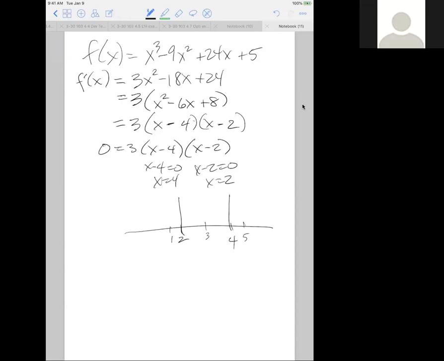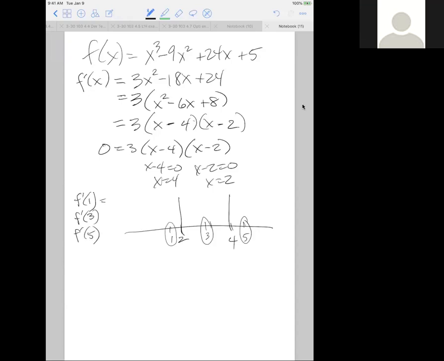We could have also picked 0 to the left of 2. We're trying to see what the slope is like in each region, and the idea is to find out whether it's positive or negative. So I have to plug into the derivative. I need f prime at 1, f prime at 3, and f prime at 5.